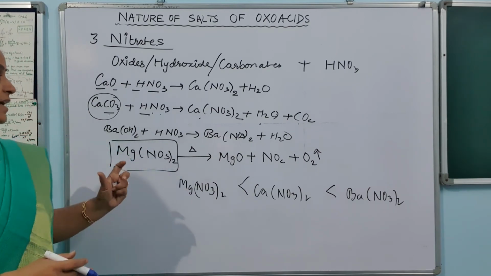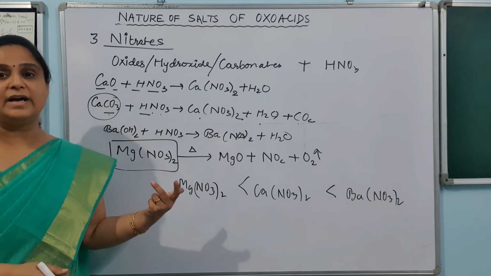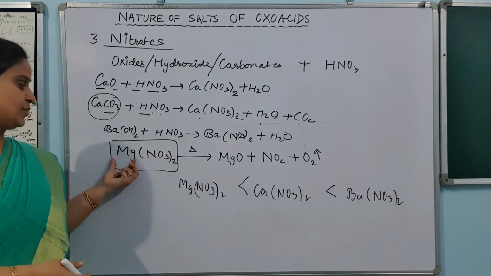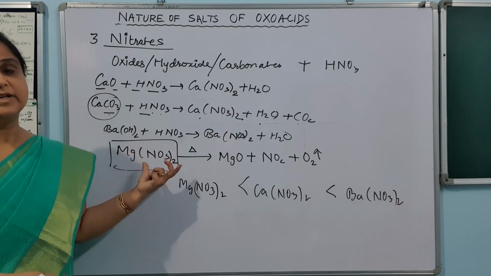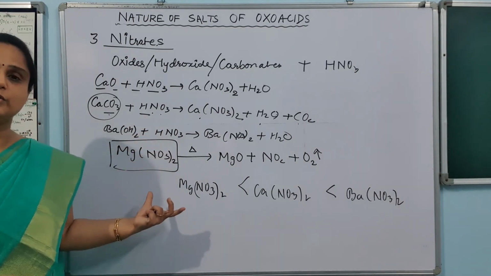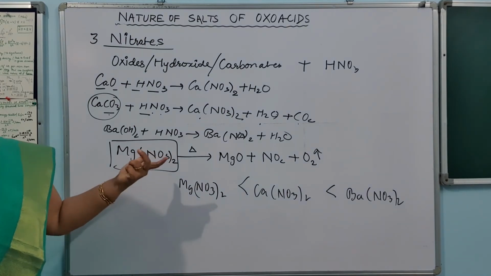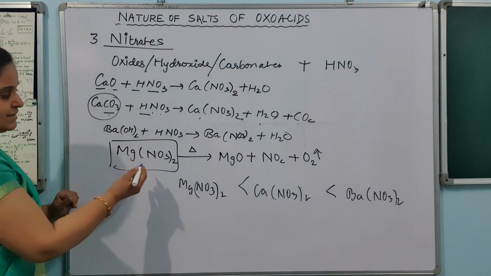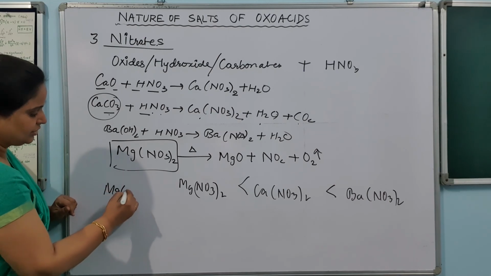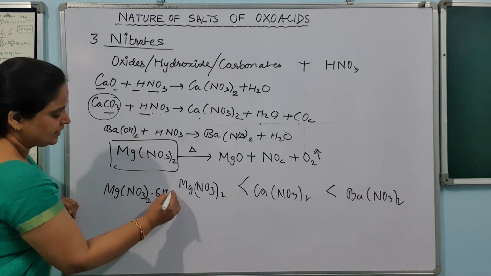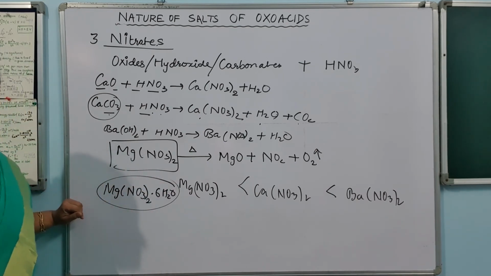So smaller is the ion, easier will be the hydrate formation, and that is why the nitrates of the smaller atoms make the hydrate and lower elements do not make hydrate. So this way the tendency changes. For example, magnesium nitrate exists as Mg(NO3)2 dot 6H2O.